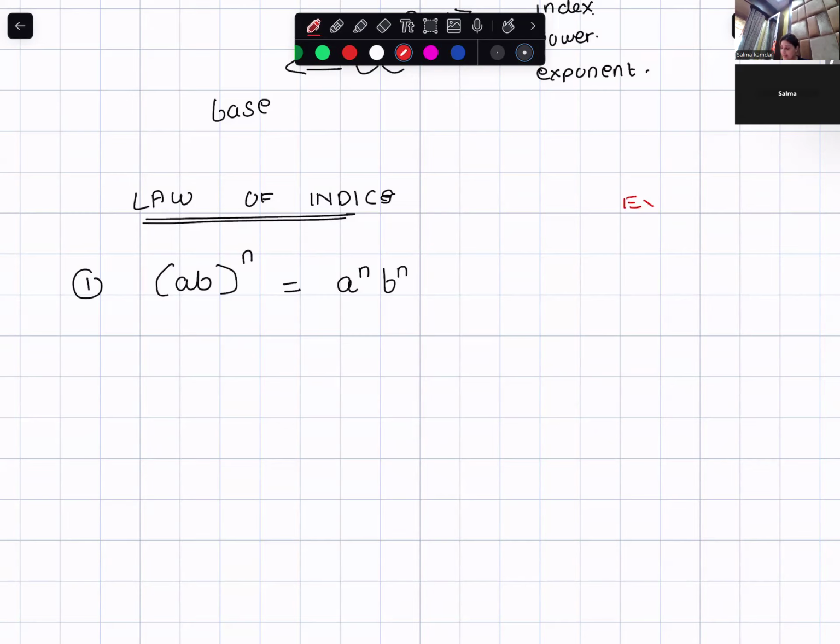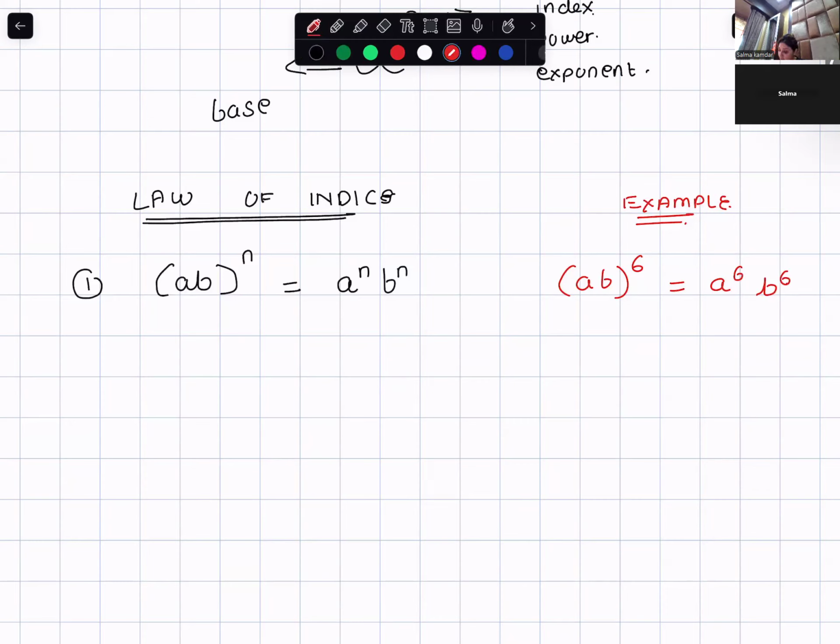For example, (ab) raised to 6 means that a is raised to 6 and b is raised to 6.